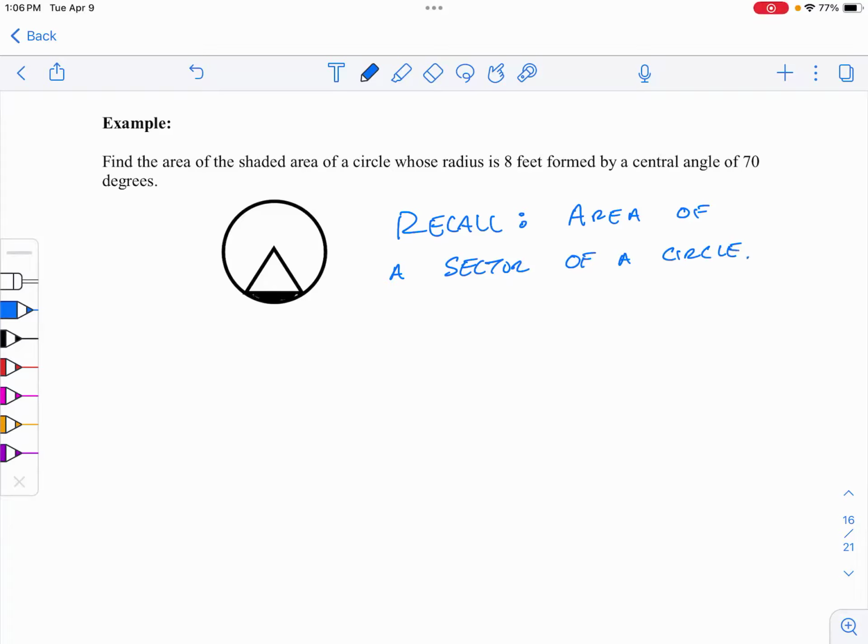All right, this was one of the first things we covered way back when. And that equation is A equals 1/2 r squared theta.